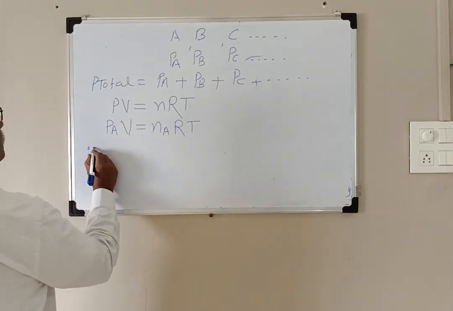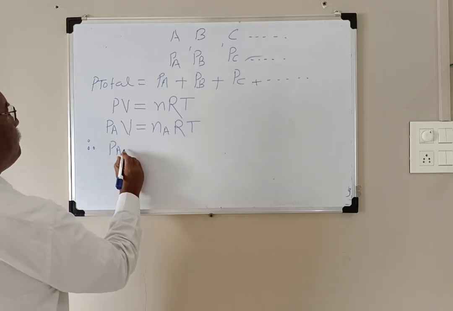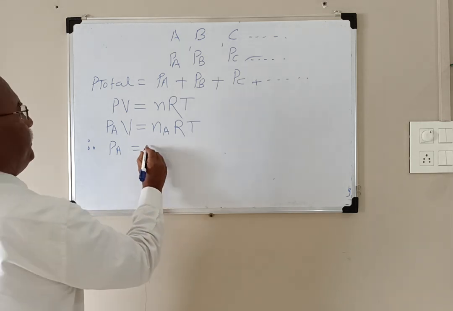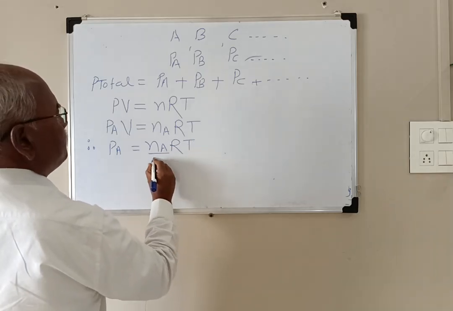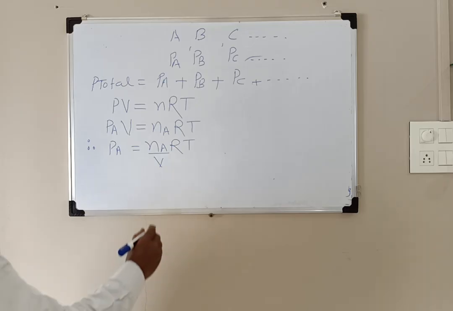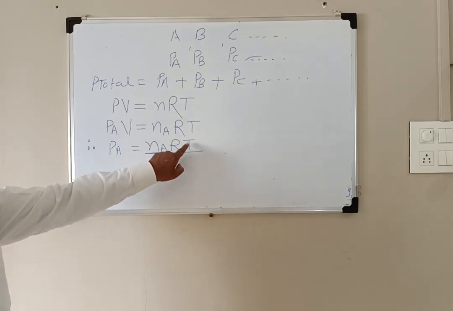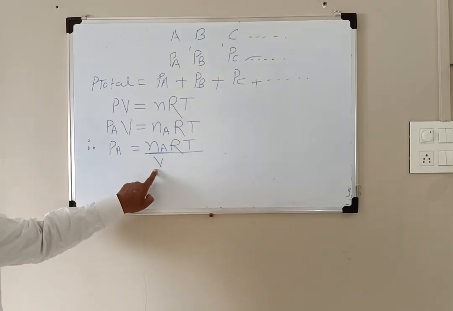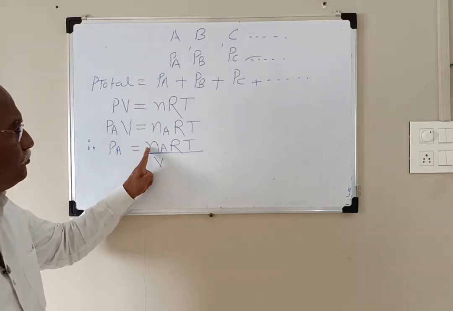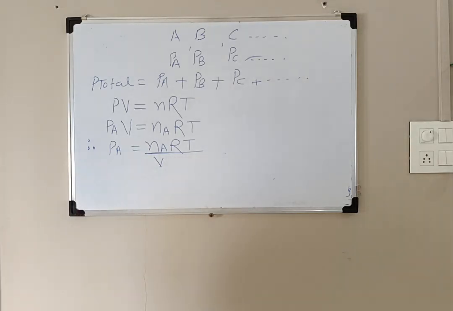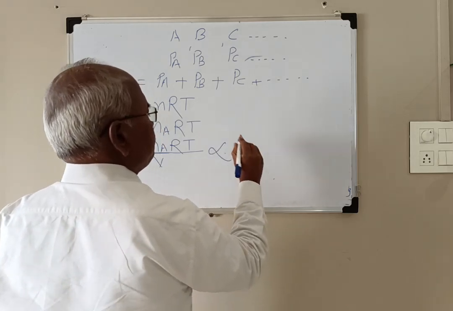Therefore, PA is equal to nA RT upon V. At constant temperature and constant volume, the partial pressure of a gas is proportional to the moles of the gas. Here I write, proportional to nA.